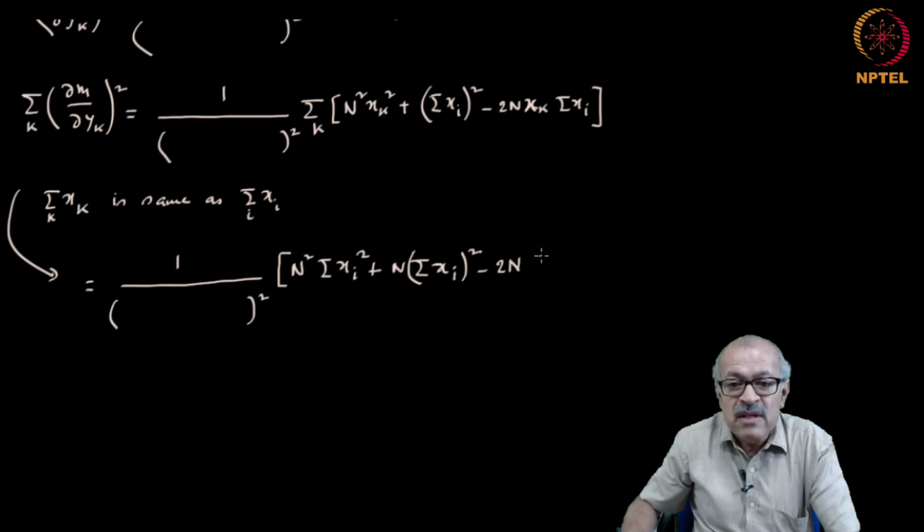So this will be sum over xi whole square, because the sum over k of xk and the sum over i of xi are the same thing. So this is basically sum over i of xi twice, so it has become a square.